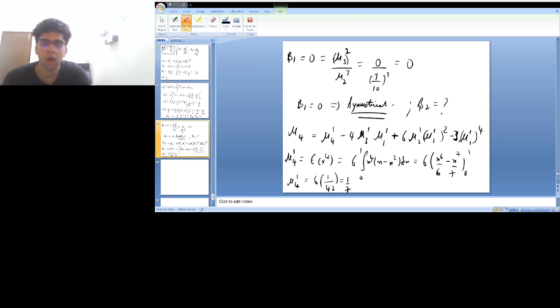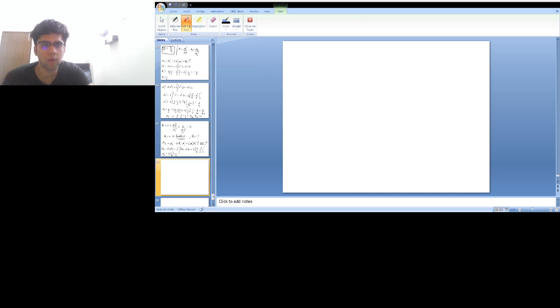So now I already have the values of mu 3 dash, mu 1 dash and the others, and I have all of the values. Now I can just substitute. So my value of the fourth moment with respect to the origin was 1 by 7. I just found this out.